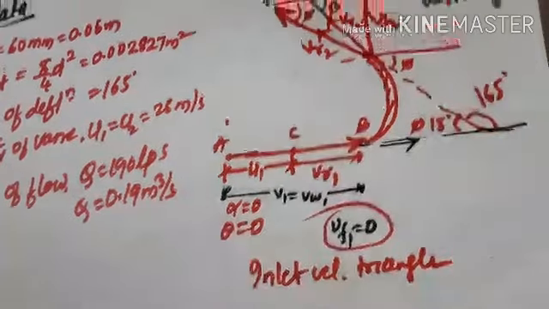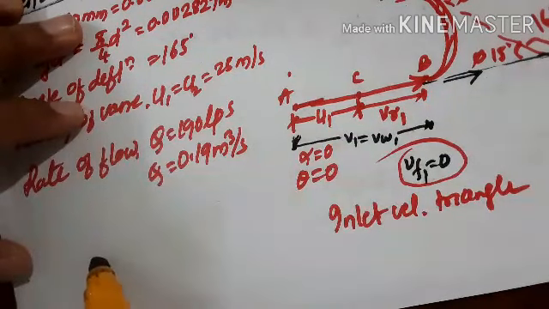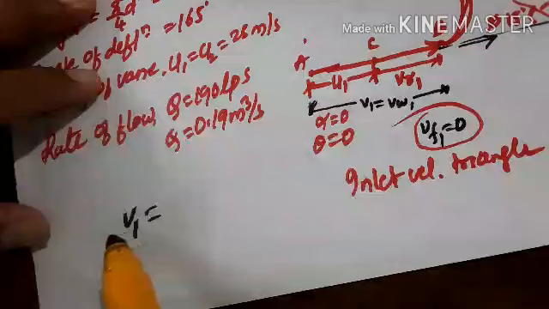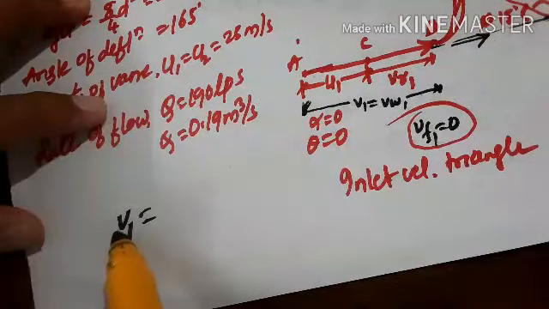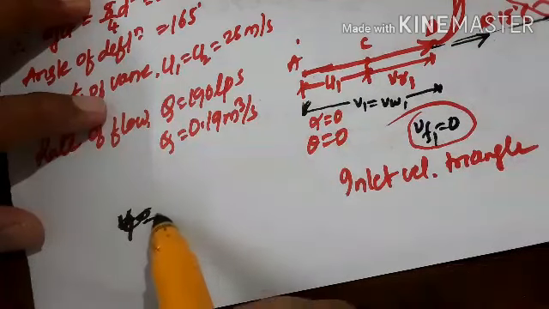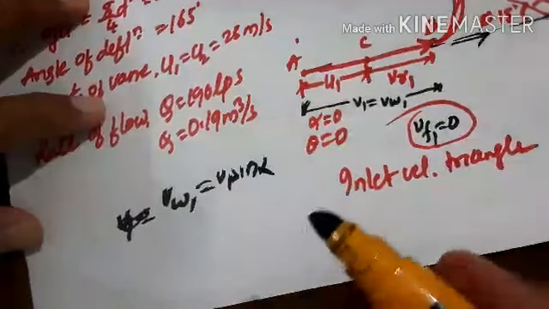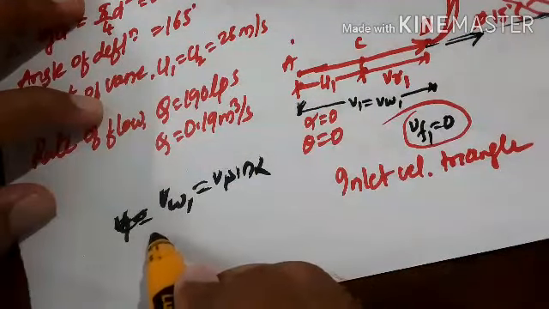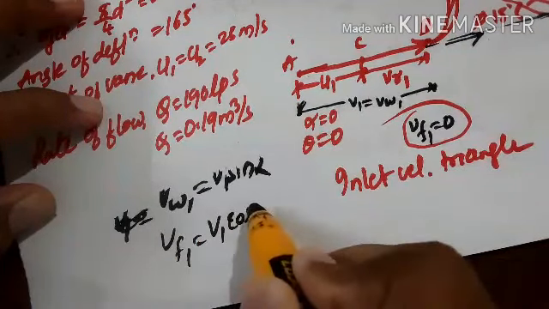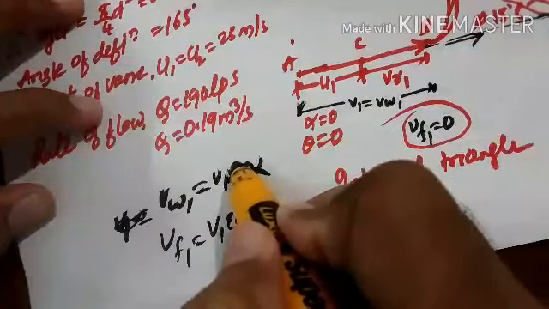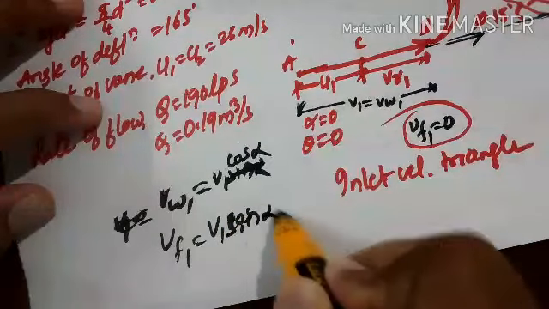And when both become 0, the components of V1 are: VW1 will be V1 cos alpha, and VF1 will be V1 sin alpha.